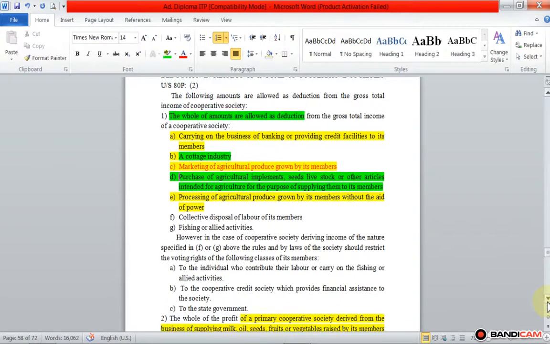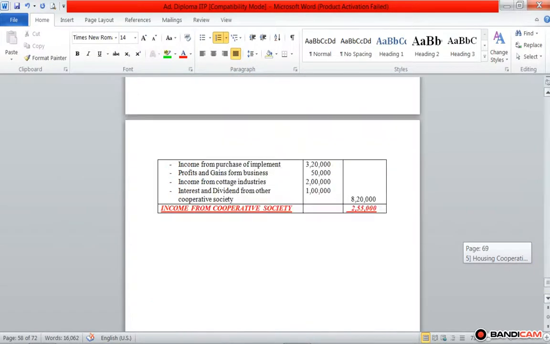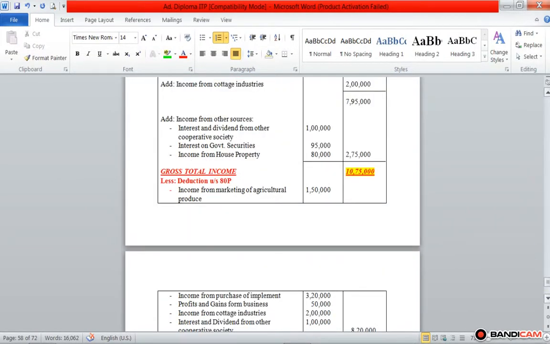Then deduction in respect of interest and dividend from other cooperative society.